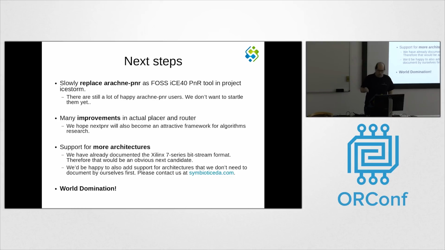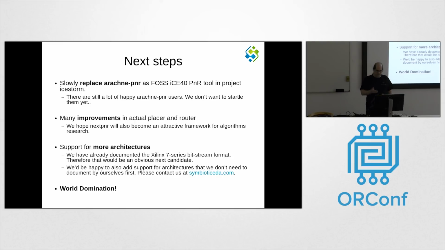So we have long to-do lists for the improvements that we would like to do in the placer and in the router. And one hope is that in addition to being an open source place and route tool that targets actual devices, we would like to provide an attractive framework for algorithms research as well.